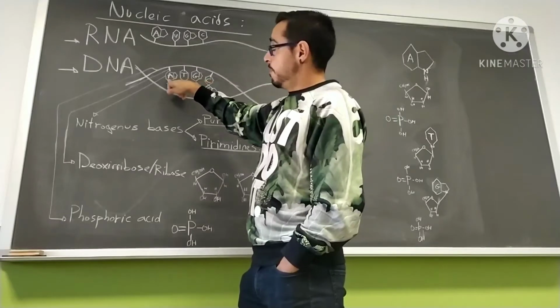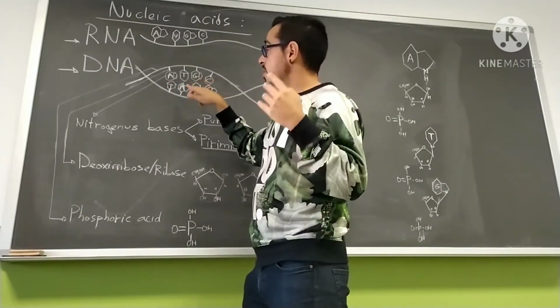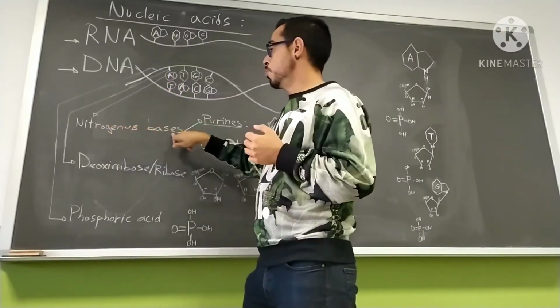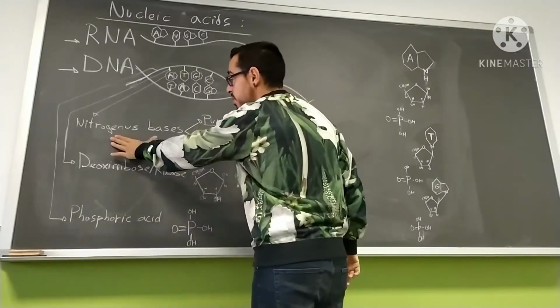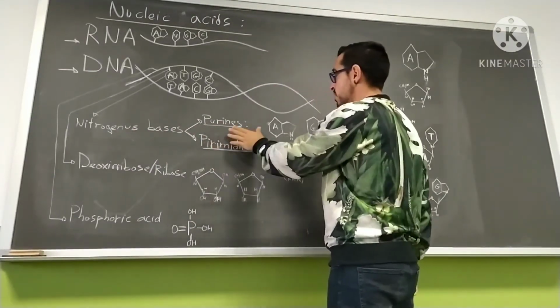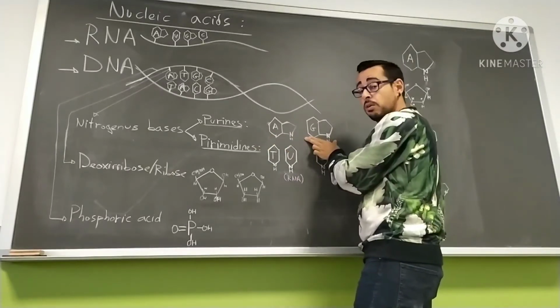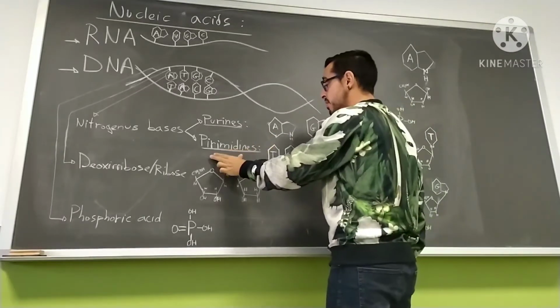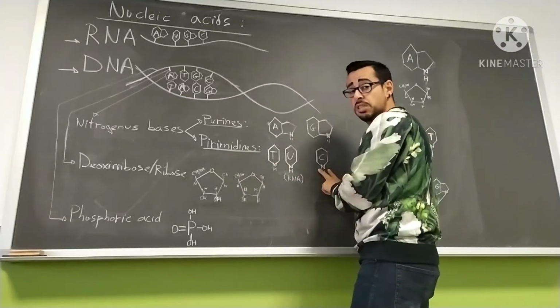The letters are 4 different ones in DNA, and they are called nitrogenous bases. These nitrogenous bases are purines or pyrimidines. Purines are adenine and guanine, and pyrimidines are thymine and cytosine.